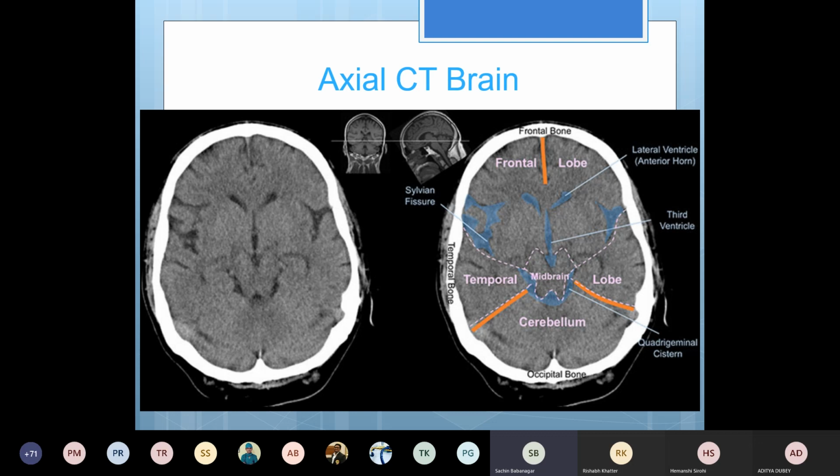And this is the third ventricle, this is the frontal horn, lateral ventricles, right and left, third ventricle. And here you start seeing the fourth ventricle. Along the sides of the midbrain, you have the quadrigeminal cistern again. And this is basically the midbrain, butterfly shape. And this is the temporal lobe, right side, left side, and cerebellum.